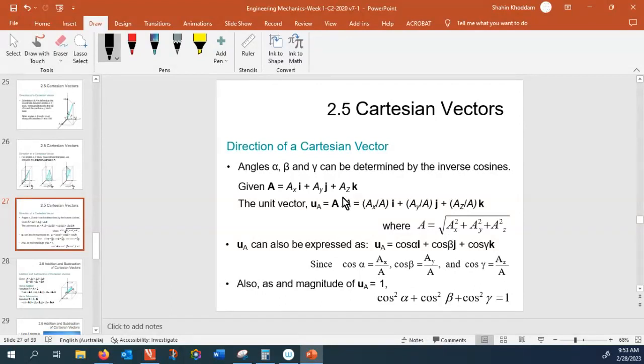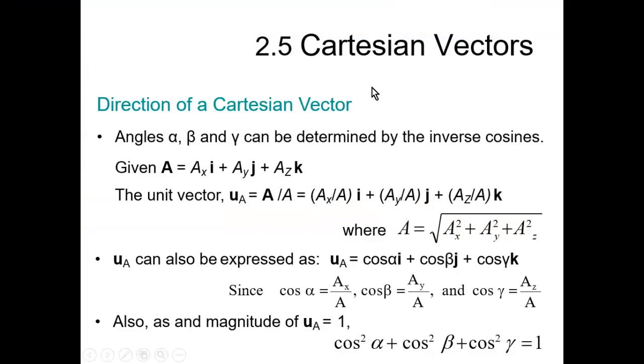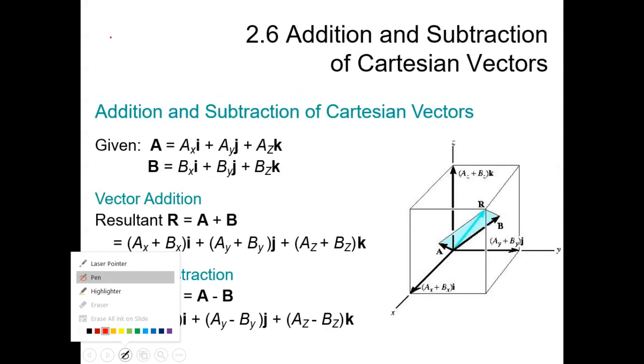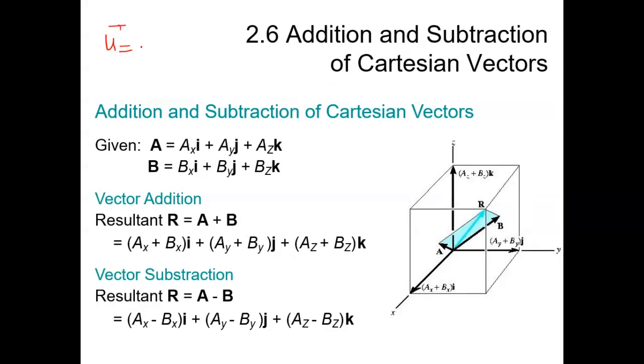When I write the unit vector, my unit vector would be something like ux i, uy j, uz k. And you know what?